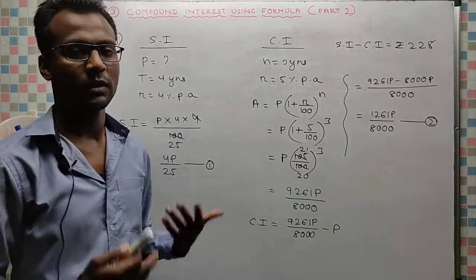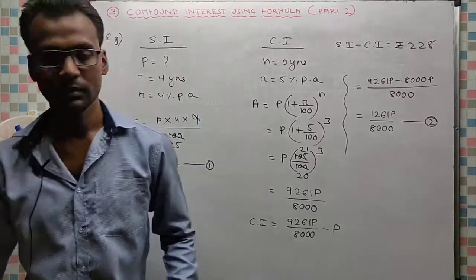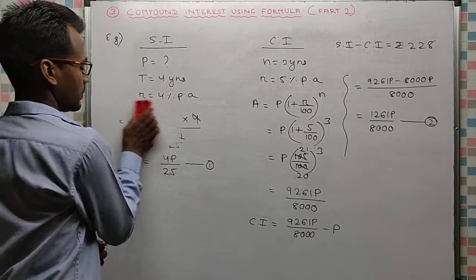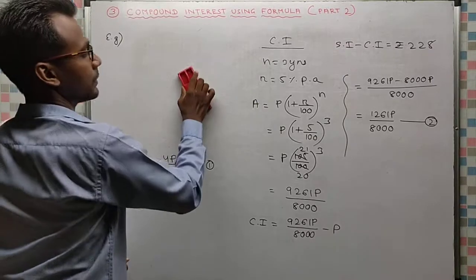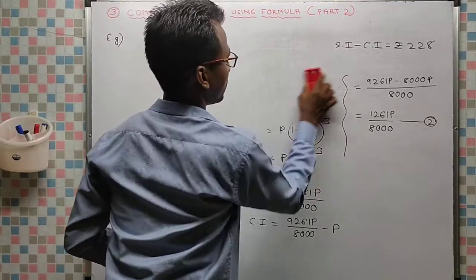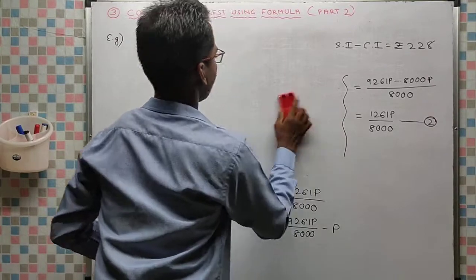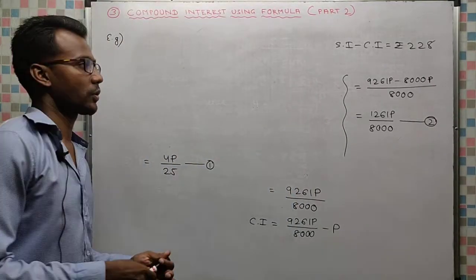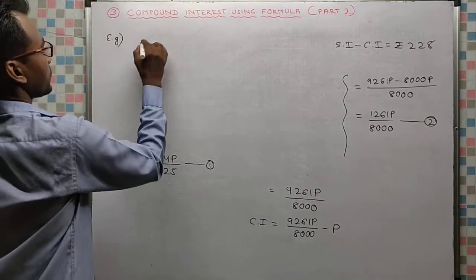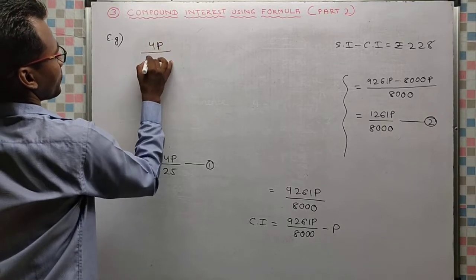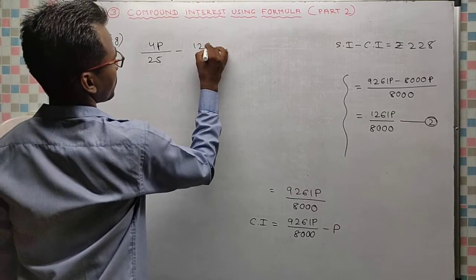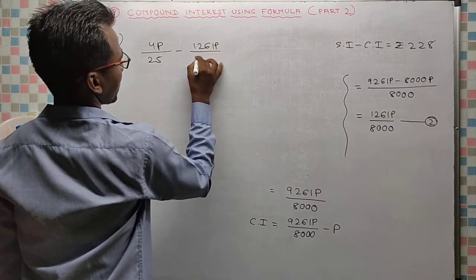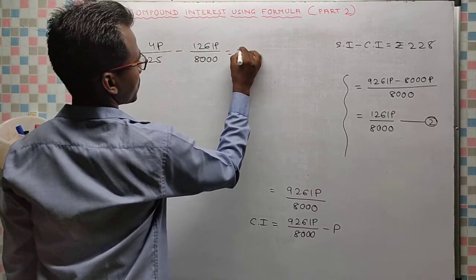Now the difference is given, so let us use it. So 4P by 25 minus CI, which is 1261 P by 8000, is 228.